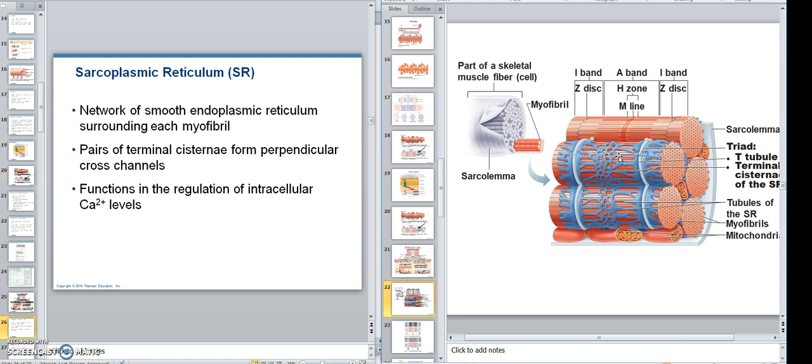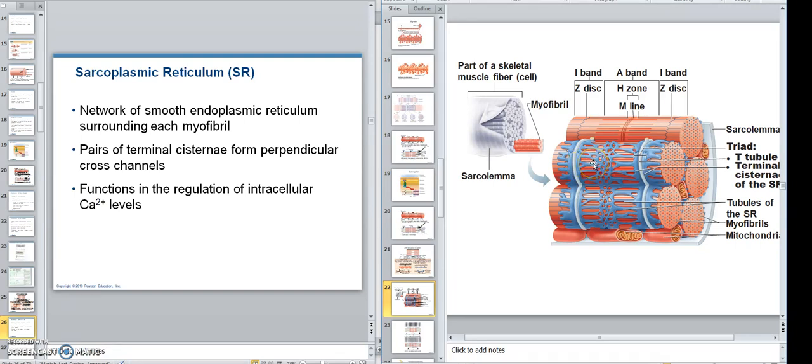The job of the sarcoplasmic reticulum is to sequester and store calcium. The sarcoplasmic reticulum is a maze, but it comes to an end point and swells up.